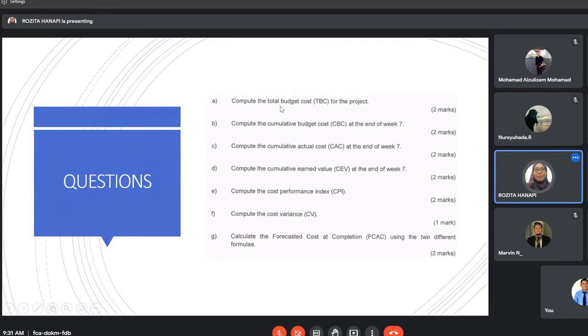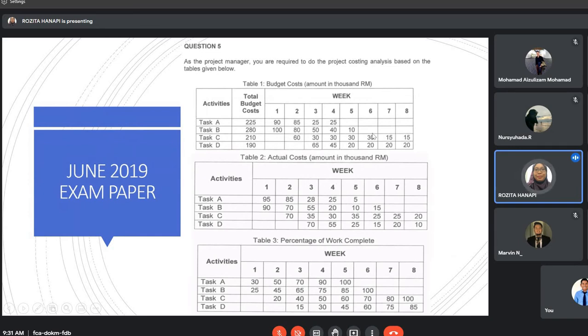Ini cumulative, ini total tadi, betul tak? Okay, yang ni cumulative budgeted cost at the end of week 7. Okay. Cumulative budgeted cost, so you tambah yang ni lah. Okay.